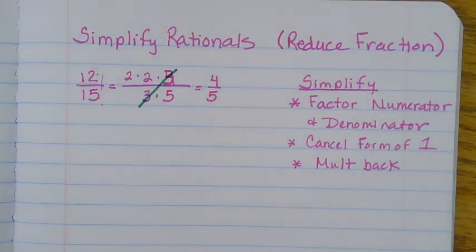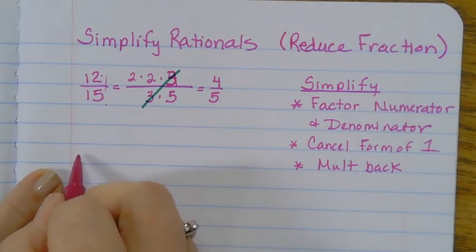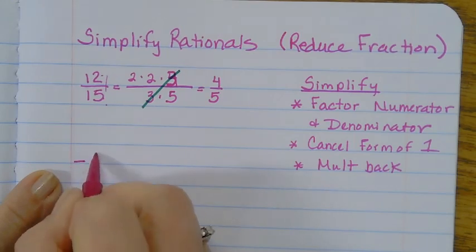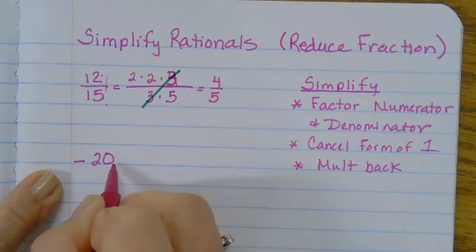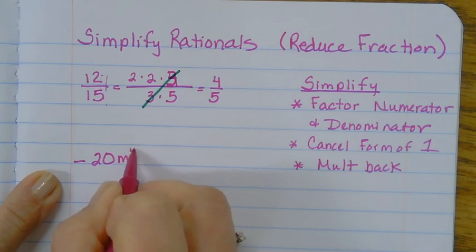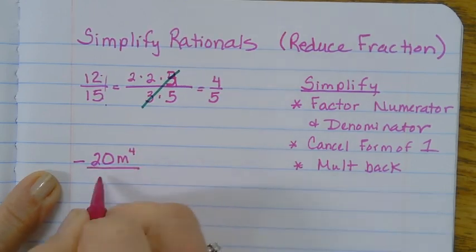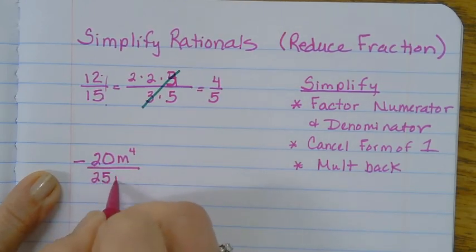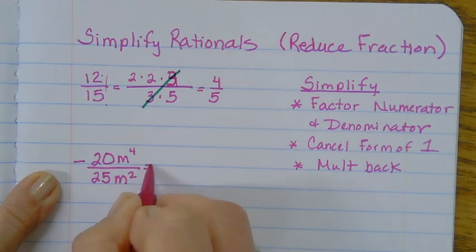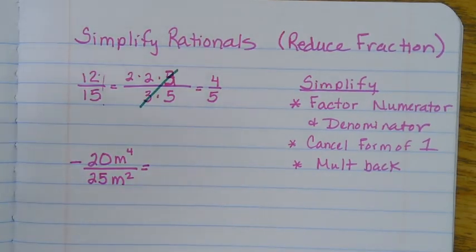Okay, so let's step it up a baby step. What if I have negative 20 m to the 4th over 25 m squared? So I'm going to factor the numerator and denominator.